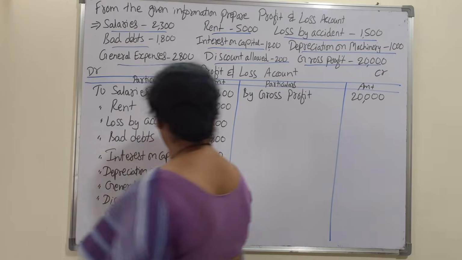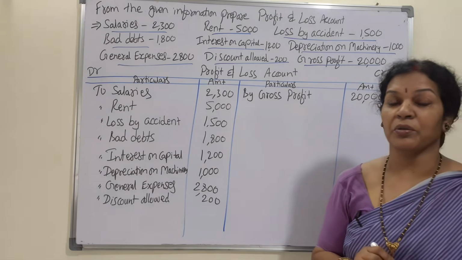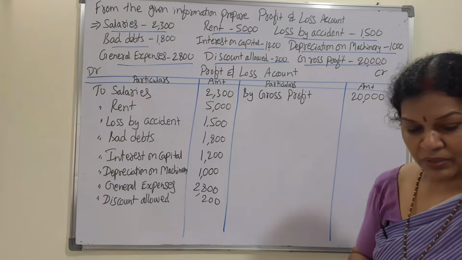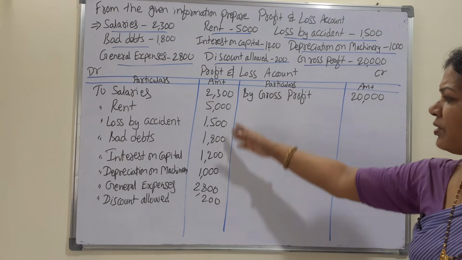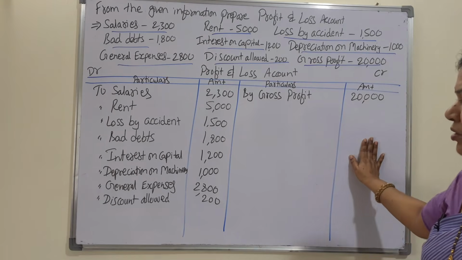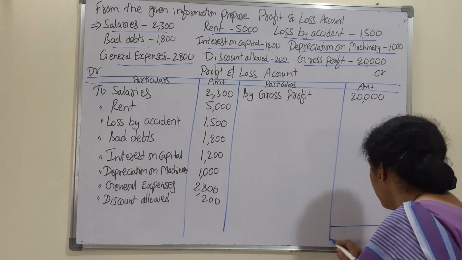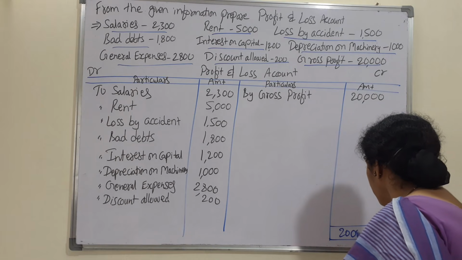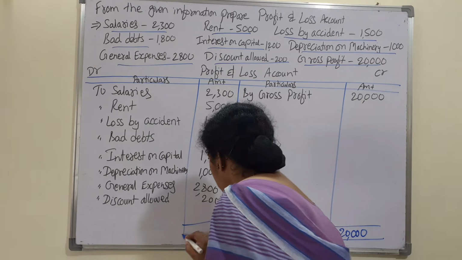Gross profit already transferred. So we have transferred everything. Now we have to close the profit and loss account. To close the profit and loss account, we'll see first which side is more. Roughly, if you see, everything is in thousands. This is 20,000. So credit side is more. We'll write 20,000 here. So the same 20,000 we'll write on the debit side also.